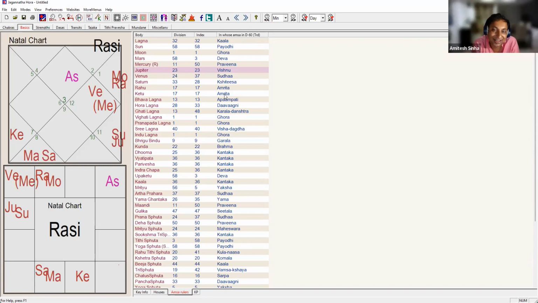And you should have some base for your statement. You should have some classical base. If you don't have Rishi Pramana and Shastra Pramana, and you are applying only Apta Pramana, the authority of my knowledge is baseless if you don't have Rishi and Shastra Pramana.